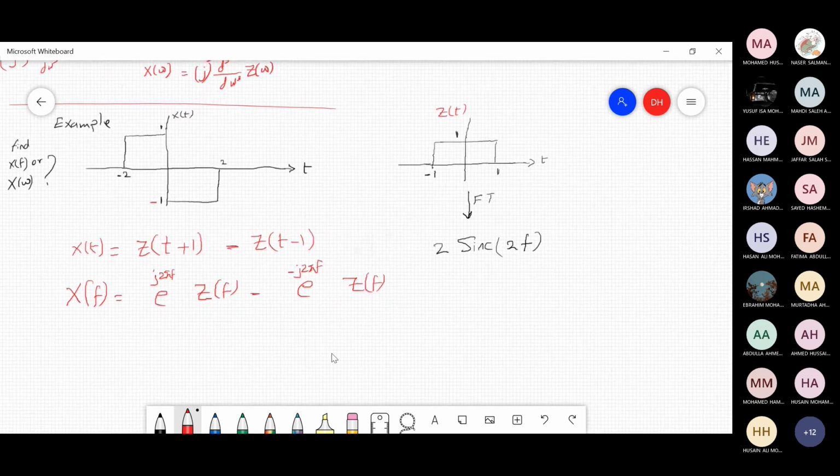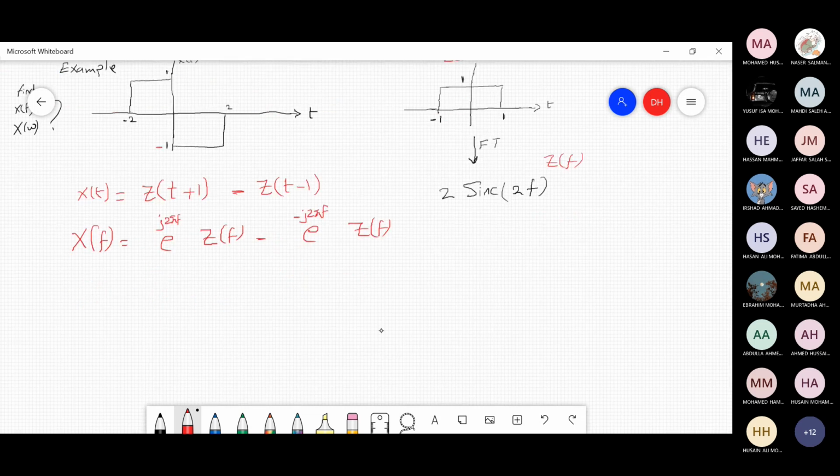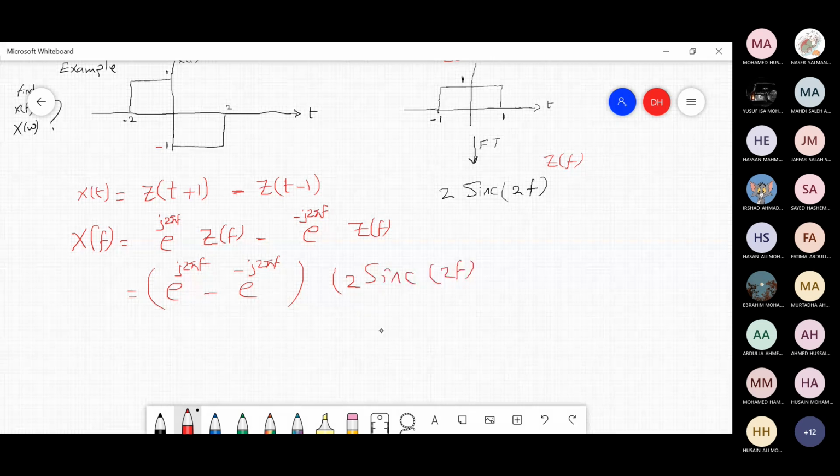So if this is my z of t, then this is my Z of f. Then I can write it as e to the power of j 2 pi f minus e to the power of j 2 pi minus f, multiplied by Z of f, and Z of f is equal to 2 sinc 2f.